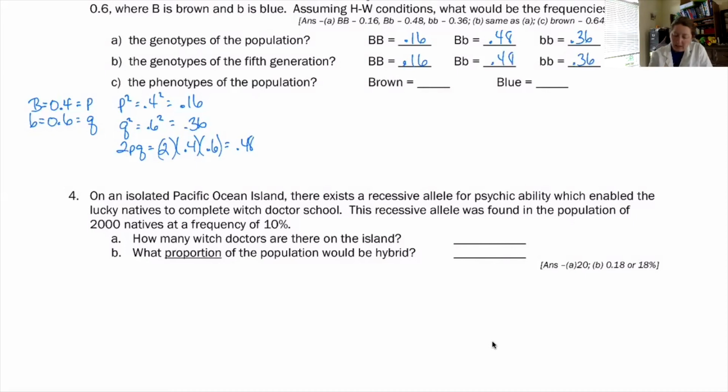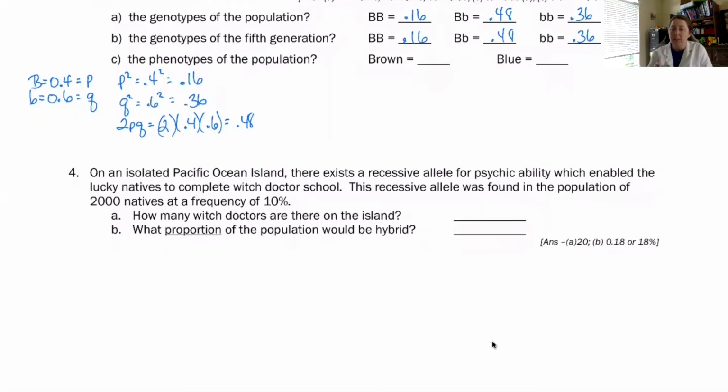All right. And then the phenotypes of the population. So here you got to be careful. It said in the question that for brown, we don't know if they are homozygous or heterozygous. All they need is one dominant allele in order to show the brown trait. So where my blue is nice and easy, right?